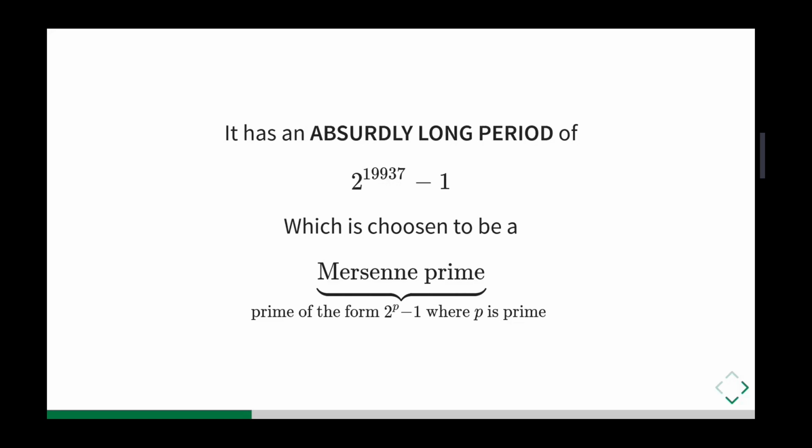So if p is prime and 2 to the p minus 1 is prime, we call it a Mersenne prime. Mersenne primes are interesting for other purposes too. For example, there are very efficient algorithms to search for really big primes of this form. I'm not sure of the mathematical detail of why this was chosen, but this is how it works. Once again, at interface level, maybe we don't need to know why this is the case, but we need to know that this is the case.